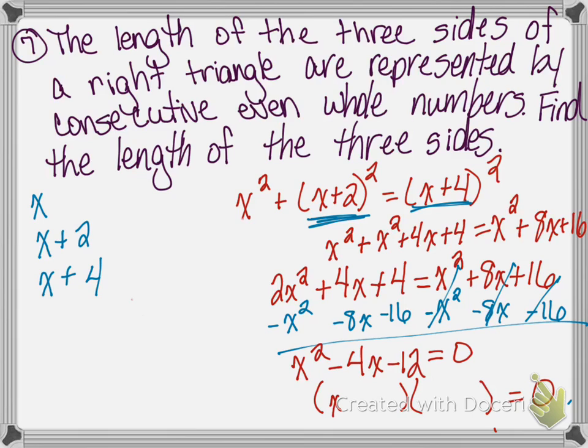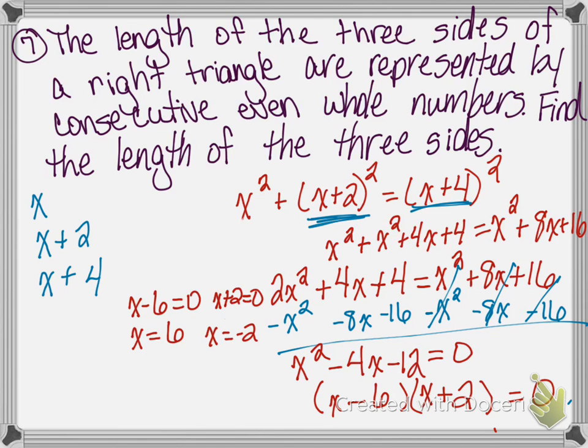Our sum is negative, so the one with the higher absolute value is going to be negative. So our 6 is going to be negative. So we're going to have x minus 6 and x plus 2. Then I have x minus 6 equals 0, x plus 2 equals 0. So x equals 6 and x equals negative 2.